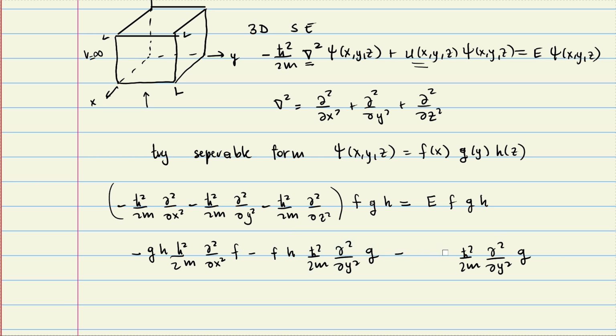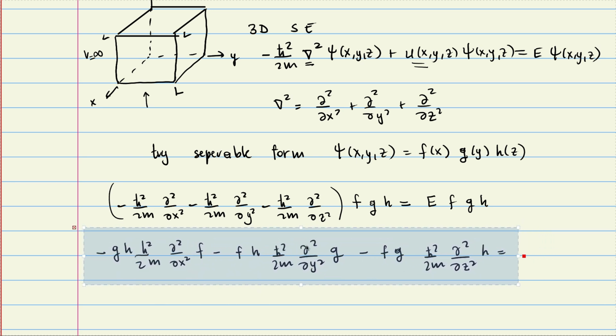This is going to be F and G, this is going to be Z, and this is going to be H, equal to E times F, G, and H.